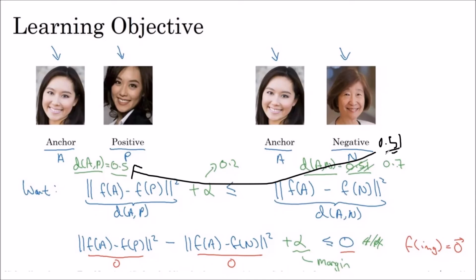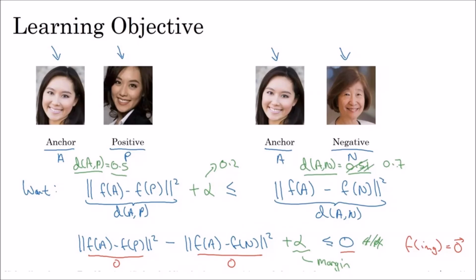But we say that should not be allowed, because the alpha is only 0.01 here, where the alpha value should be at least 0.2. So the degree of similarity between the anchor and negative images must be 0.7. This is the margin we are expecting.